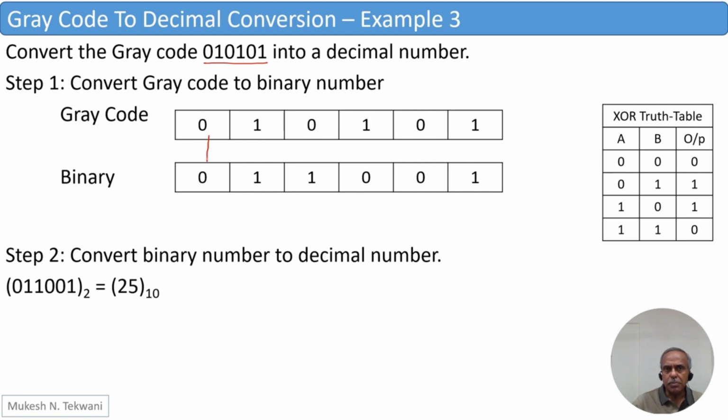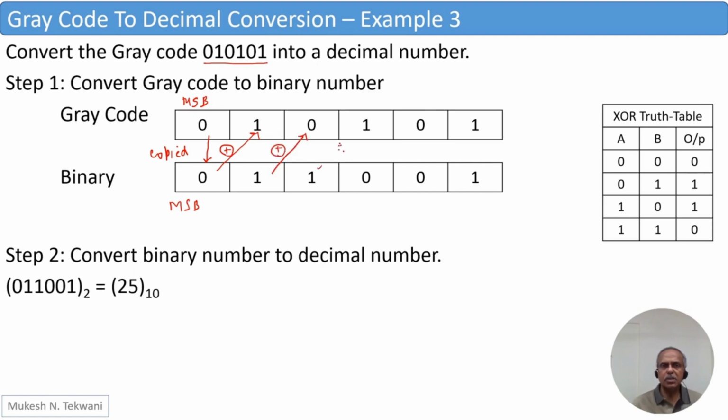So as we saw in the previous example, the MSB of the gray code is copied and it becomes the MSB of the binary code. So this bit has been copied. Then after that, we take the newly generated bit of the binary and XOR it with the next bit of the gray code. So 0 XOR with 1 will give us 1. This 1 XOR with 0 gives us this 1.